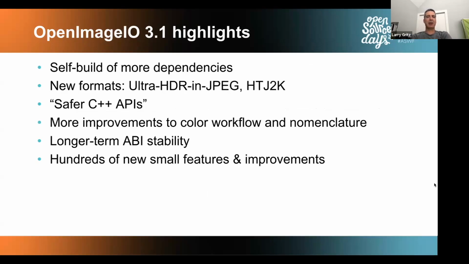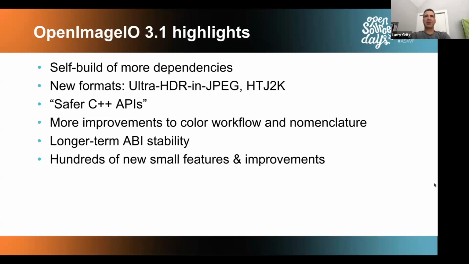So a few things that are coming, meaning work that we've done over the course of the last year that hasn't made it into the 3.0 release branches, but will be introduced with 3.1. So I think we are continuing to push forward with more ability for the auto builds, and just to expand on that, OpenImageIO has a lot of dependencies, mostly because we support a lot of different file formats underneath, and this can make OpenImageIO tricky to build.